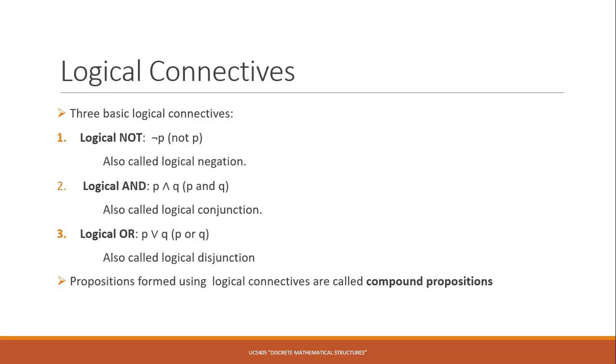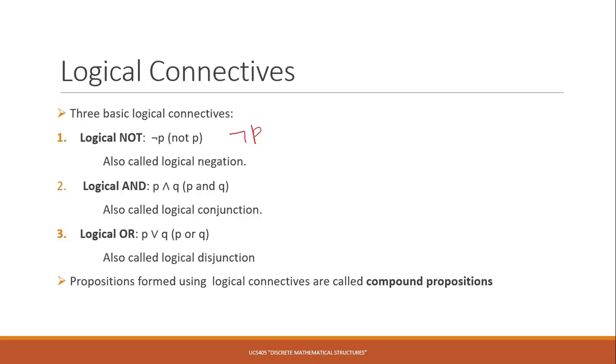For constructing a truth table, we should know what logical connectives are. The three basic logical connectives are: first, not, that is logical not; second, and; and third, or. Not is represented by this symbol, negation P, or we can say not P. Not P is true when P is false, and not P is false when P is true.